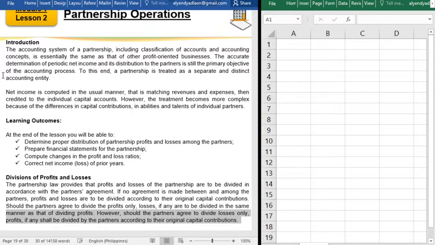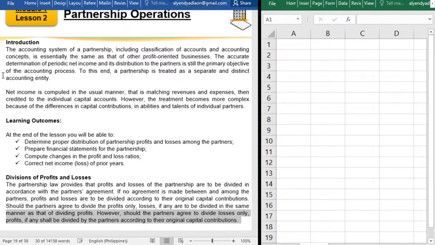Okay, so here is the summary. If the partners provided for a profit ratio, but there is no loss ratio, then what we are going to follow in the losses is the profit ratio. But in a case where the one that is agreed or stated in the articles of partnership is only the loss ratio, but there is no profit ratio, then we must not use the loss ratio in dividing the profits.